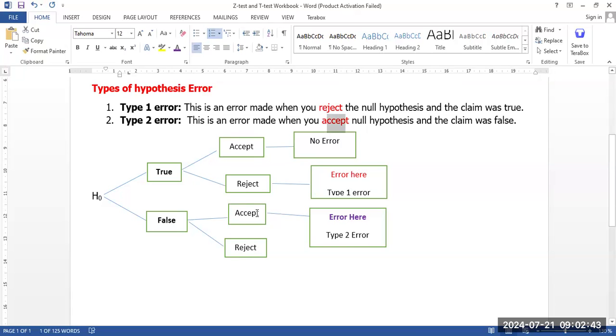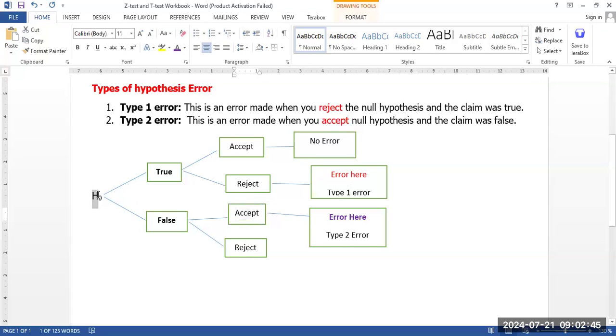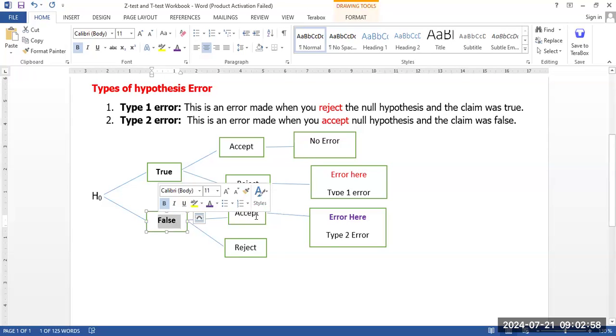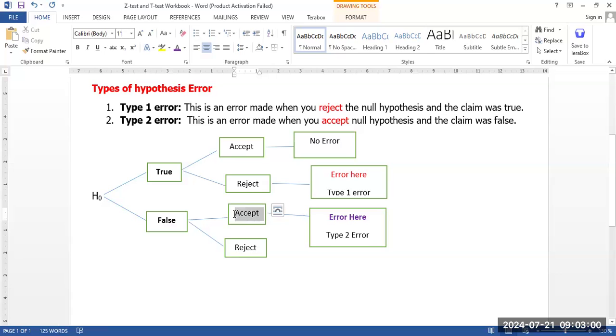Here you are accepting null hypothesis, H note. You are accepting null hypothesis, of which that hypothesis was what? False. It was false here. But you are accepting it.